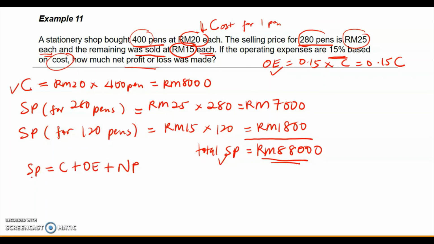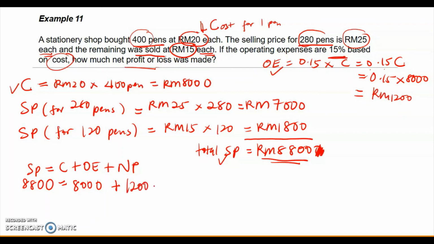So selling price is 8,800 ringgit, equals C, which is 8,000, plus OE. OE is 0.15 times C. Because C is 8,000, OE is 0.15 times 8,000, which is 1,200 ringgit.